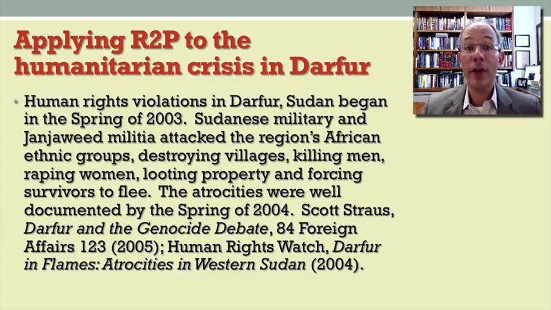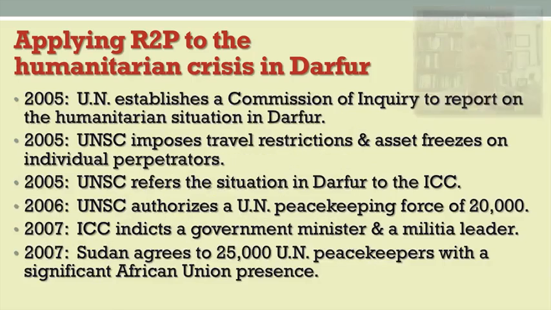Well, I'll give you just a brief overview of some of the actions that were taken by the UN Security Council during this time. The establishment of a commission of inquiry to assess the facts, the imposition of travel restrictions and asset freezes on some individual perpetrators of the violations, the reference of the situation in Darfur to the International Criminal Court, and finally in 2006, the authorization of a UN peacekeeping force, which was then expanded in 2007 to a force of 25,000 peacekeepers that had a significant regional presence from African Union forces.